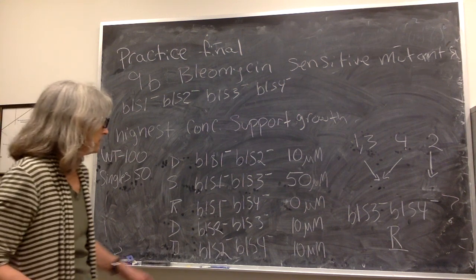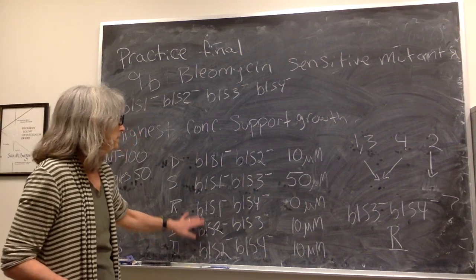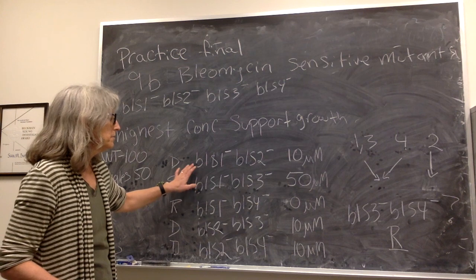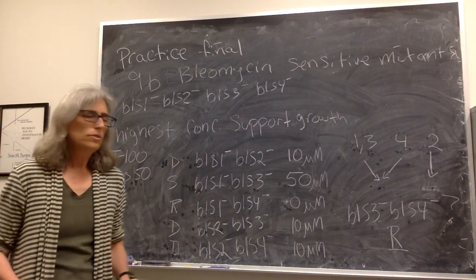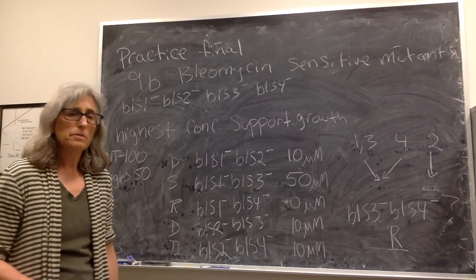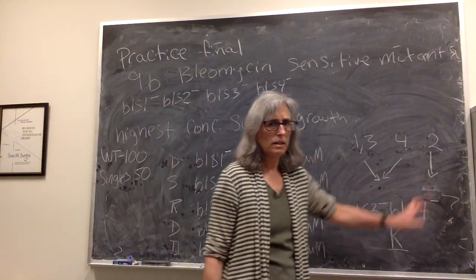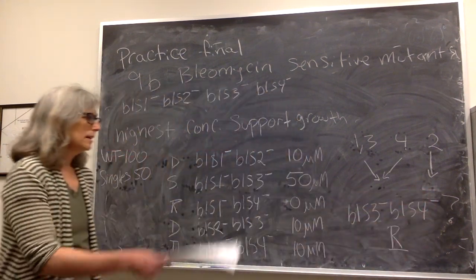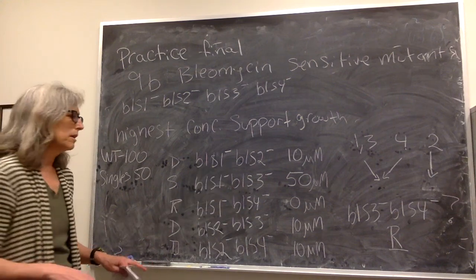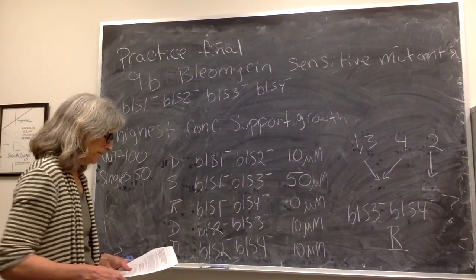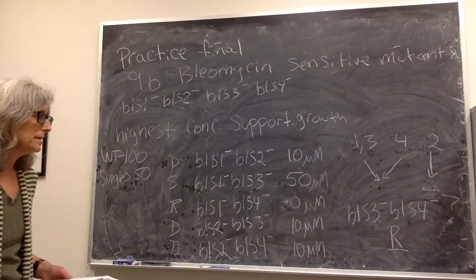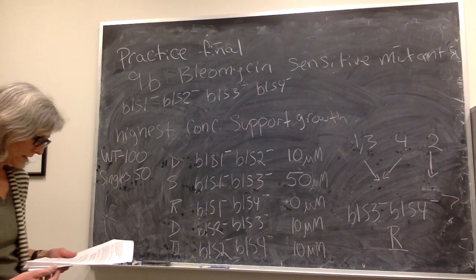And all of these involve BLS2. So this would say that BLS2 stands apart from the other mutations, 1, 3, and 4, and we would just put it over here on its own. So this is a part of a gene network that you would build that describes the sensitivity to the bleomycin.